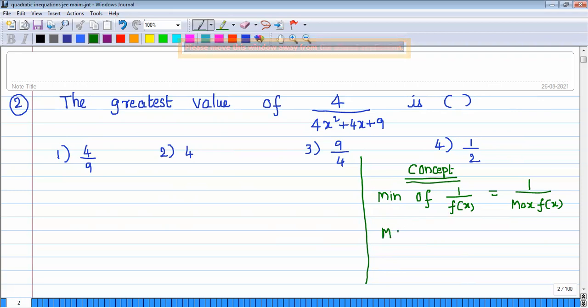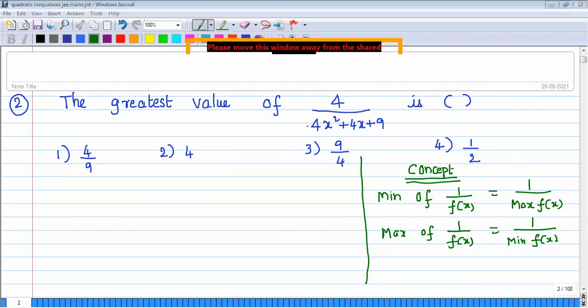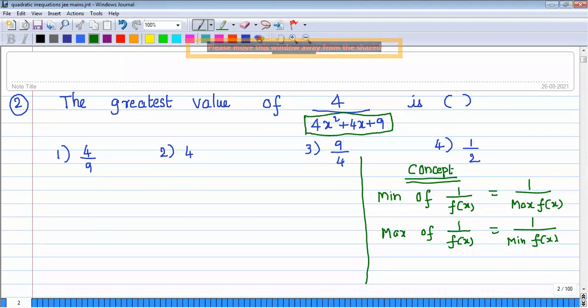So if you are asked the maximum of 1 upon f of x, that is indirectly 1 upon minimum of f of x. So the minimum of this function we need to find out, and 4 divided by minimum of 4x square plus 4x plus 9 gives us the greatest value, or we can say maximum value, of this given function.